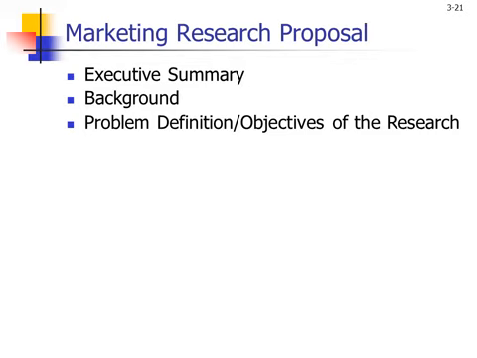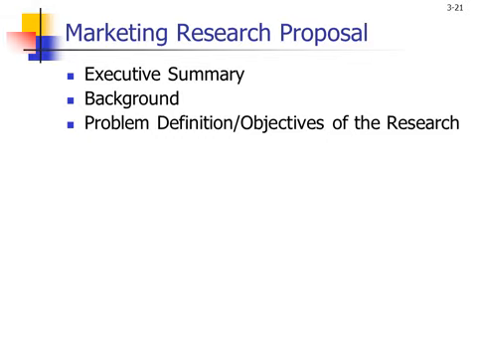The proposal should begin with a summary of the major points from each of the other sections, presenting an overview of the entire proposal. And then number two is the background. The background of the problem, including the environmental context, should be discussed.